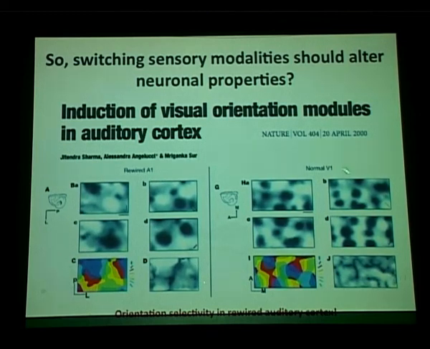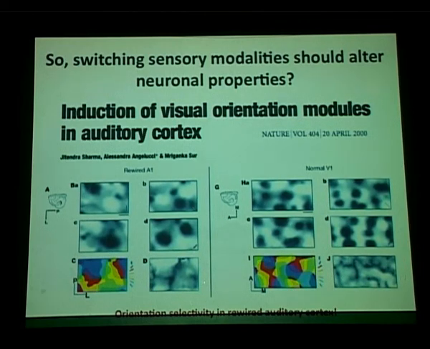Normally your visual cortex V1, the primary visual cortex, would look like this: if you look at the response of neurons sitting on this cortical surface, you will see nice pinwheels, as neurons respond to different orientations. You can see that there are pinwheels, there are linear zones, and so on.